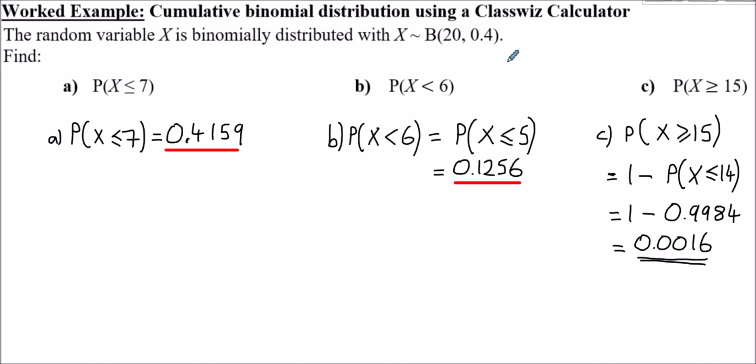So to get 9 would be pretty lucky, to get 10 very lucky, 11 and 12 very lucky, to get 15 or higher, to get 75% more successes out of 20, when the chance of just one success is 0.4, that's freakishly unlikely. So that's why this probability is coming out very, very small indeed.